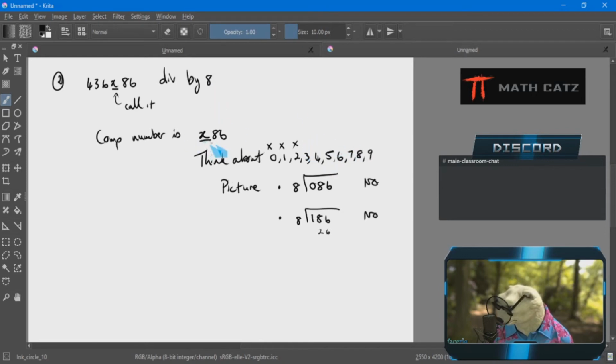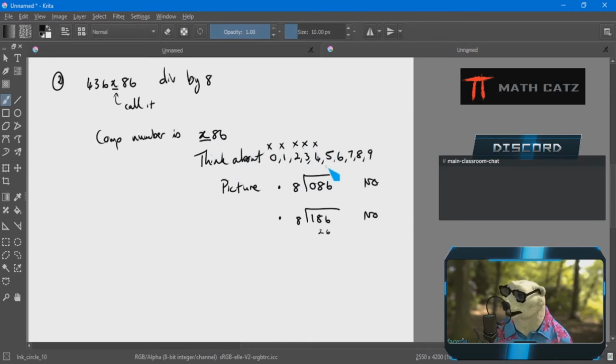386, I'm looking at 38. 8 goes into 38 with 6 left, right? 32. 66, no. It's going to be something left. I don't care what it is. I just need to know if there's something left. 486, 8 goes into 48, yes, but then there's 6 left.